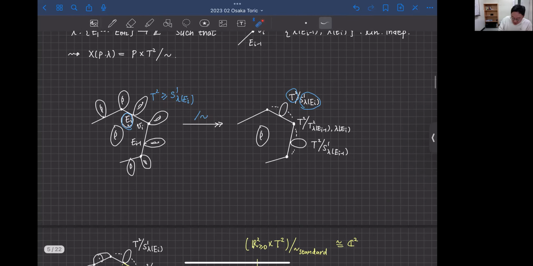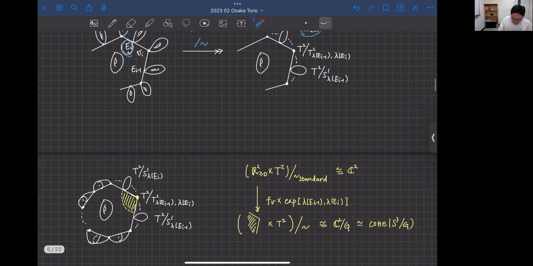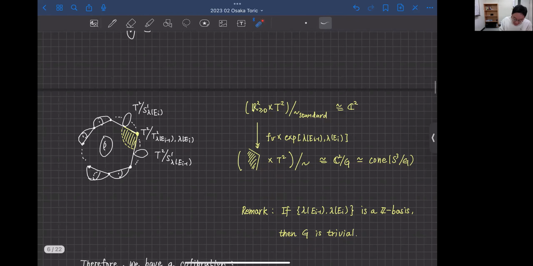And what is good for this picture is, if you look at this local neighborhood here, for instance, this yellow region, this yellow region locally looks like this region times T^2 modulo this relation.